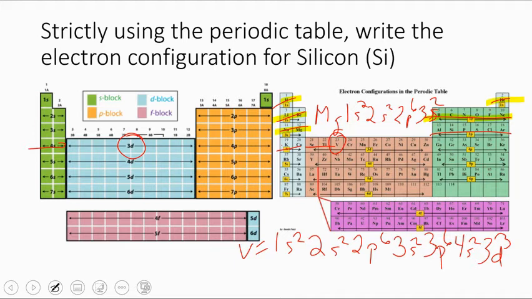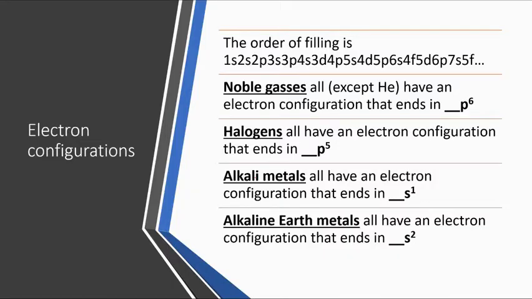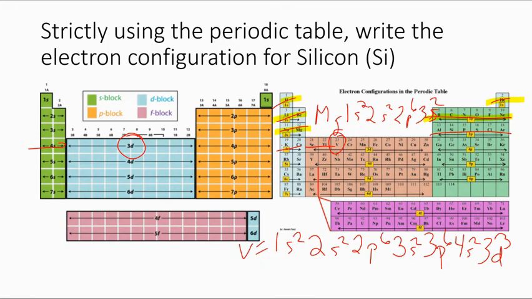So again, this is something that you just need to keep practicing with. When we're looking at filling, you could go back and look at the periodic table and see that you go all the way across as you read the periodic table, just like you're reading a book. So you're going to do 1s, then 2s, 2p, 3s, 3p, 4s, 3d, 4p, 5s, 4d, 5p, 6s, and then you're going to do 4f, and then 5d, 6p.